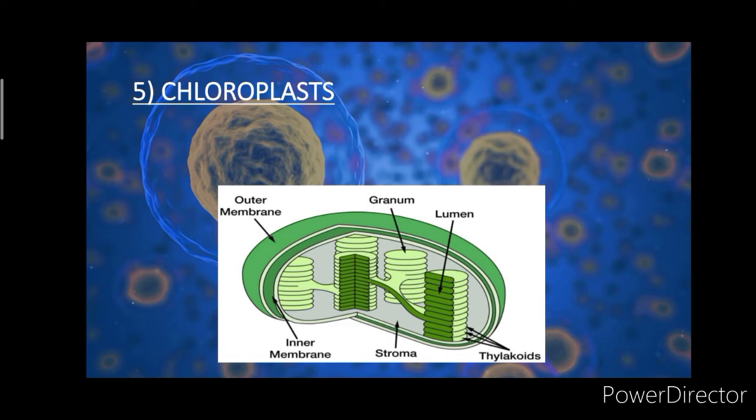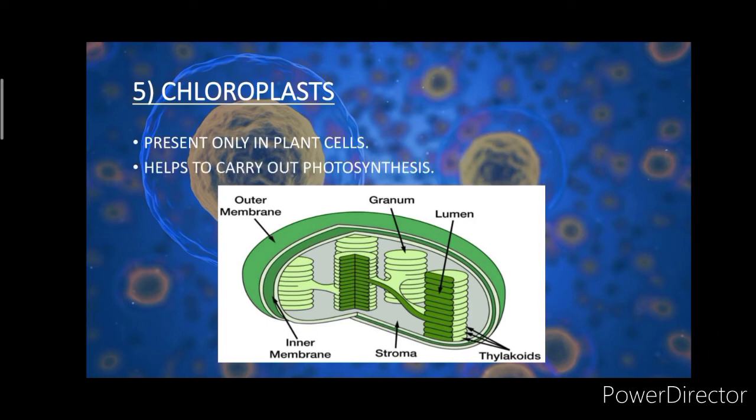Circular coins are stacked or piled one above the other, and they are connected with each other. The basic function of a chloroplast is that it helps to carry out photosynthesis, and always remember that a chloroplast is present only in plant cells.